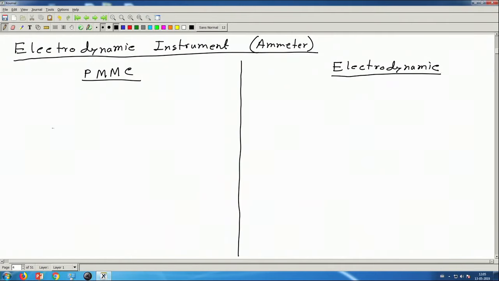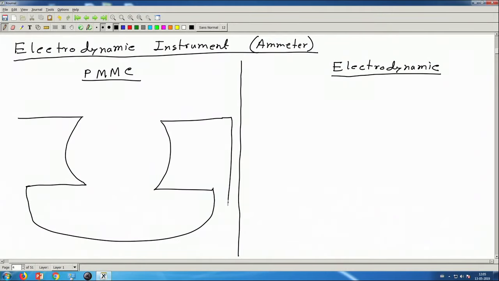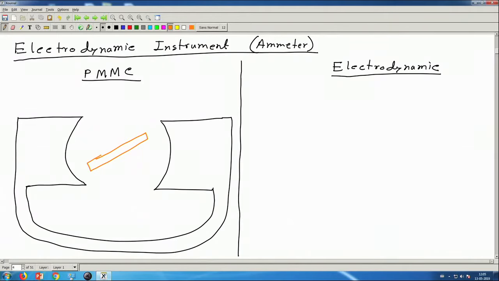Okay. So, in PMMC instruments what do we have? We have a pair of magnetic poles, okay, it is not normally flat, generally it is like this, and you know that these two sides are actually connected, and we have the coil here, we also have the cord, and the coil turns in this magnetic field.